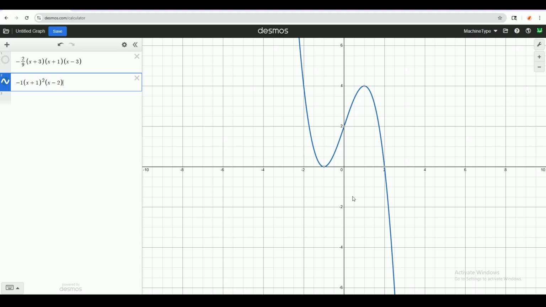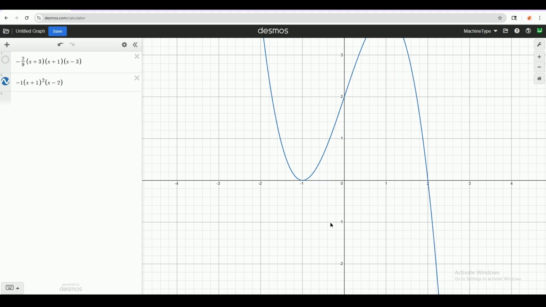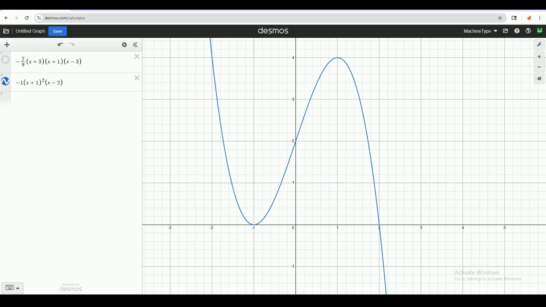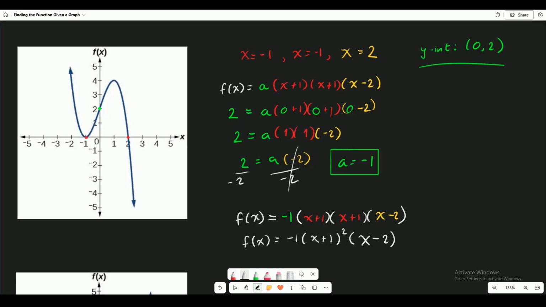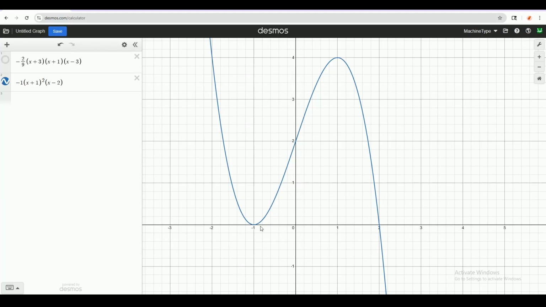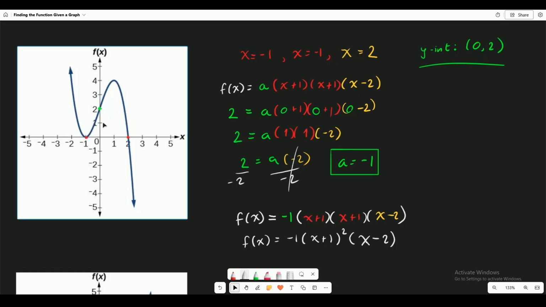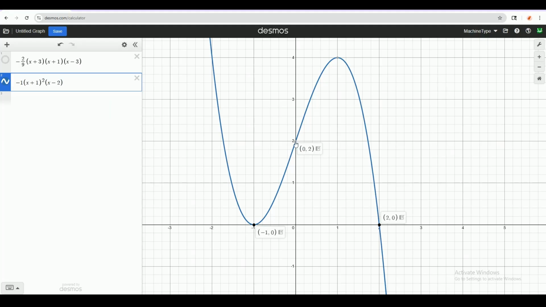So this is what we have. Let's check it. It crosses at negative 1 and 2. It crosses at negative 1, it bounces up, and 2. Cool. We got the double root correct. And 0, 2. Look at that. Pretty cool.